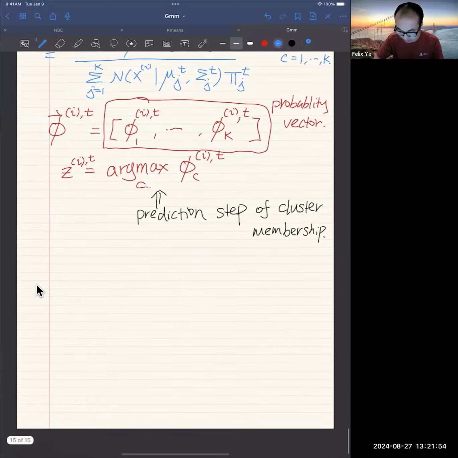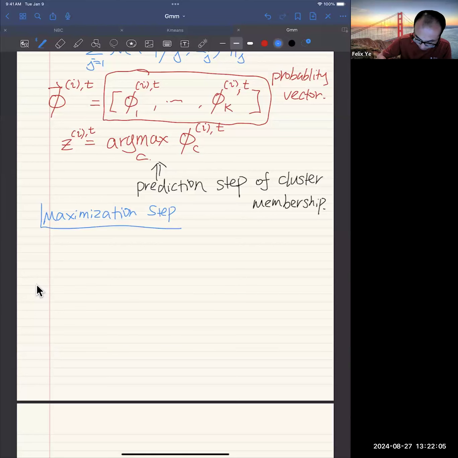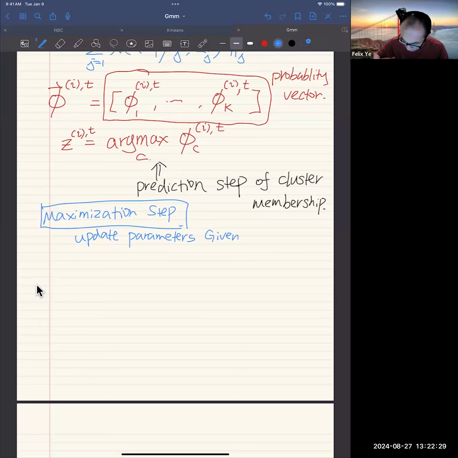Next will be the maximization step. In the maximization step, the key is that we are going to update the parameters given the cluster information.